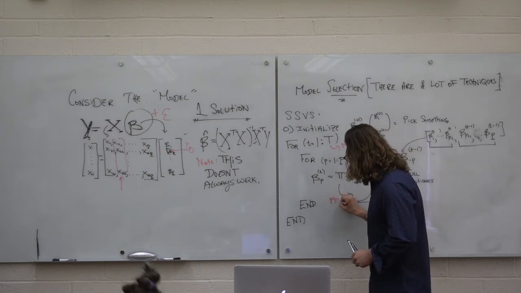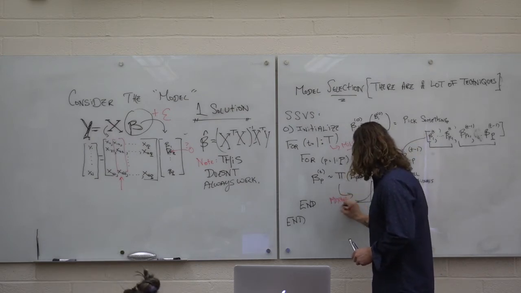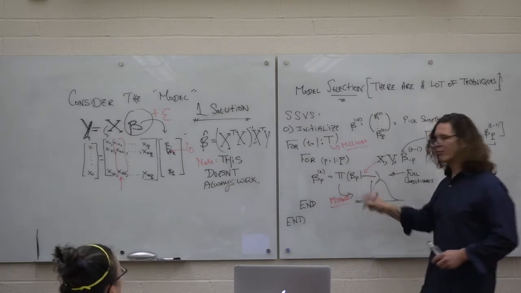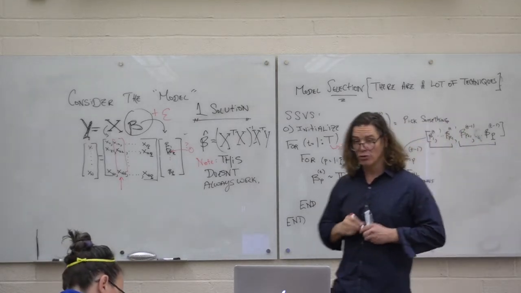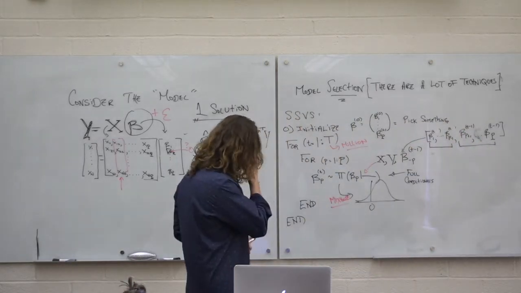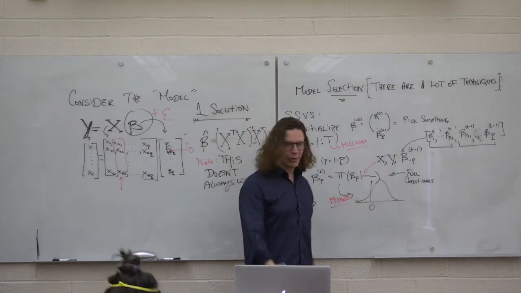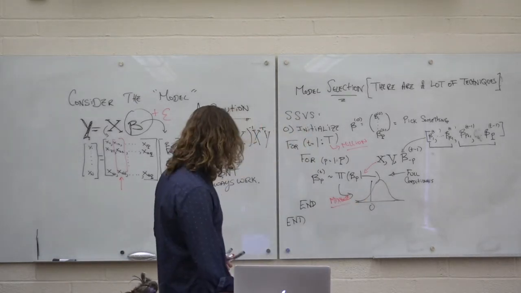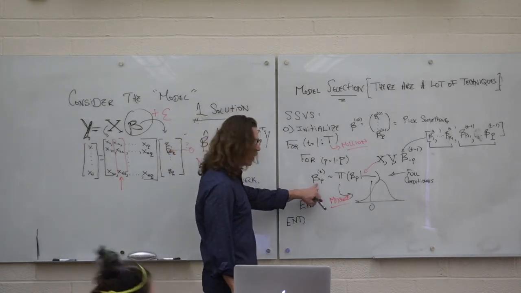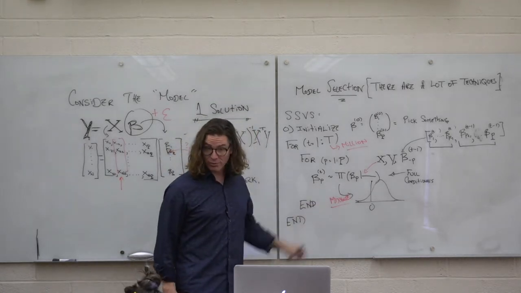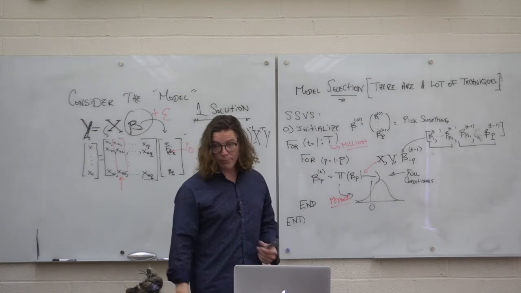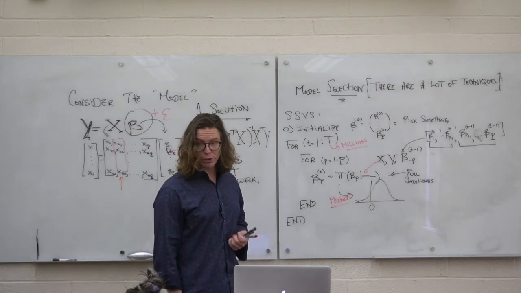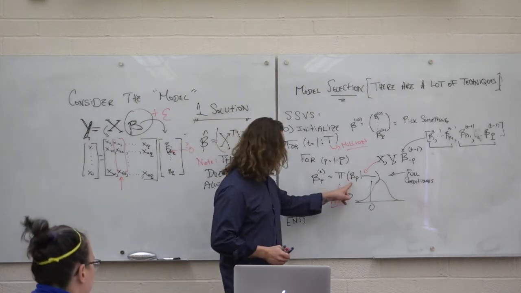In the last lecture, I told you how to sample from that distribution. You come up with the probability, the mixture weights between these two things. You flip a coin with that probability. If the coin lands heads, this thing is going to be a 0. If it lands tails, then you sample from the posterior distribution for that beta.